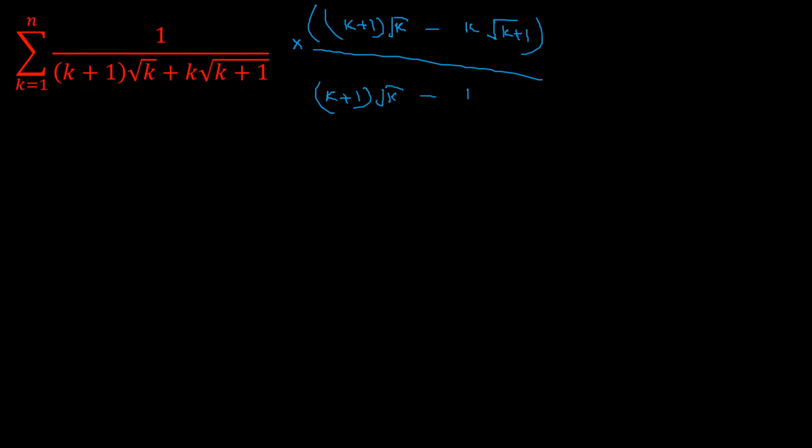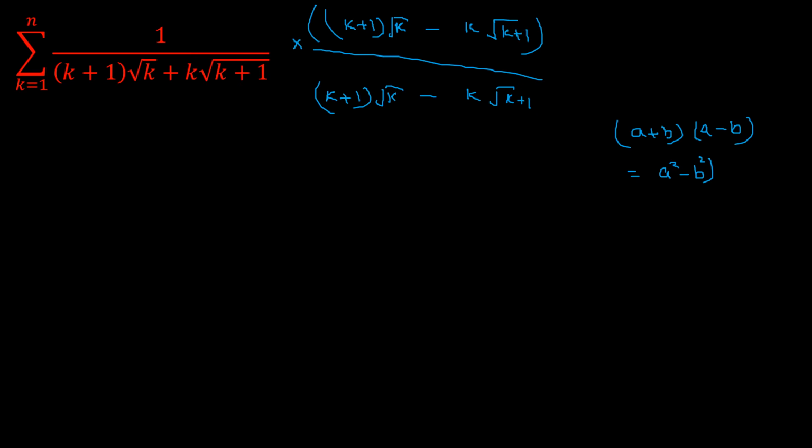In the denominator we have the identity a plus b times a minus b equals a squared minus b squared, with a equal to k plus 1 times square root of k, and b equal to k times square root of k plus 1. So by just plugging in those values, we get what?